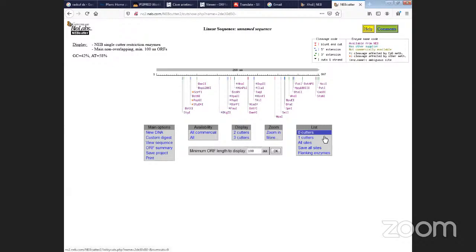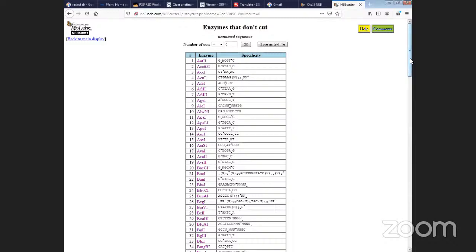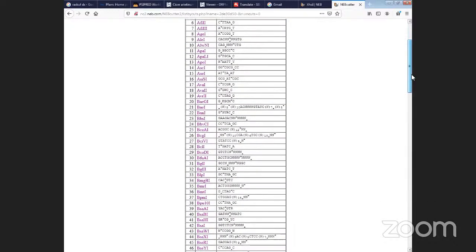But we are not interested in how many places they cut. We are interested in an enzyme which should be compatible with our expression vector. So we have to look at zero cutters: which enzymes cut this gene zero times.